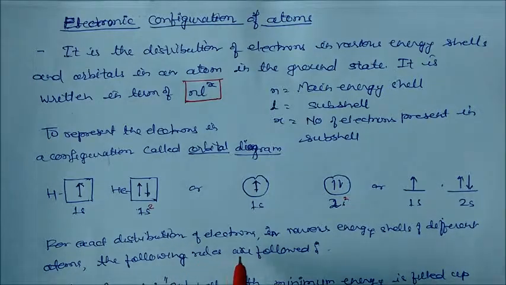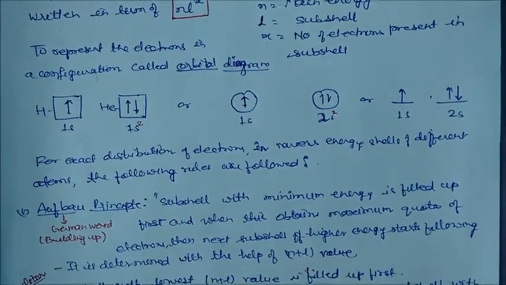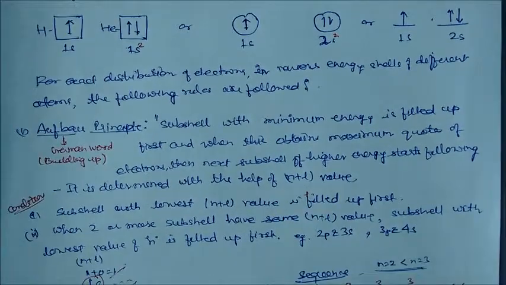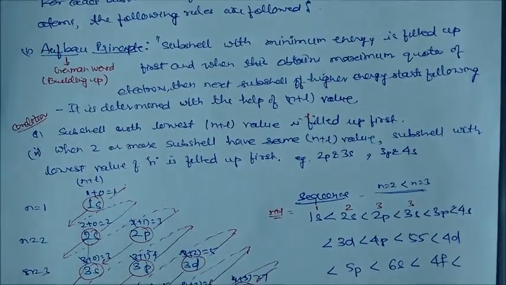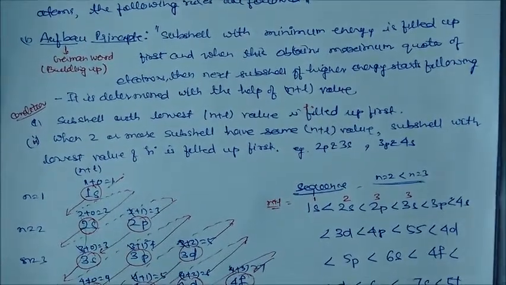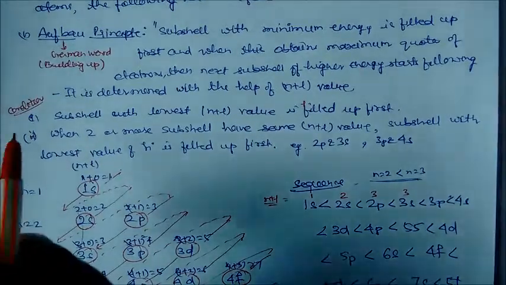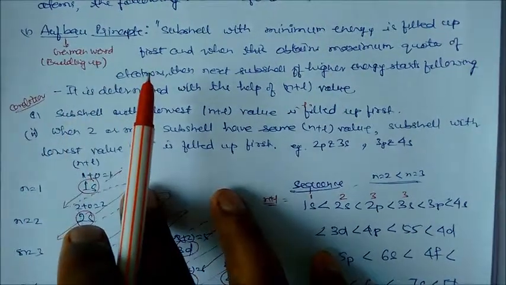For the exact distribution of electrons in various energy shells of different atoms, the following rules are followed. To fill the electrons in the configuration, these are the rules. According to these rules, we can fill inside the orbitals, that is, square shapes, circle shapes, like that. So the first rule is the Aufbau rule. What is the Aufbau rule?